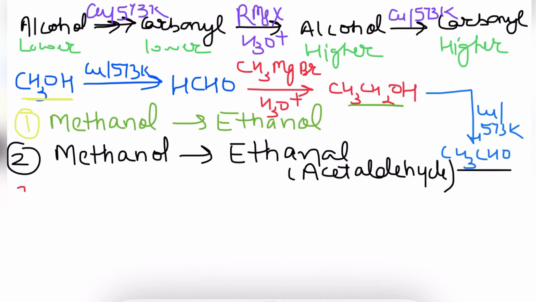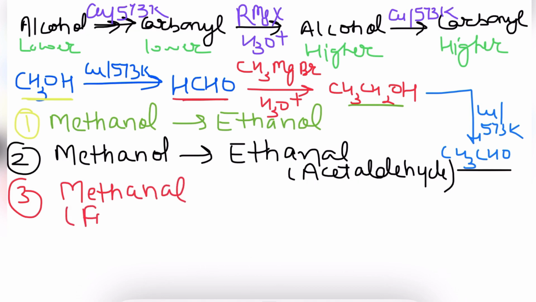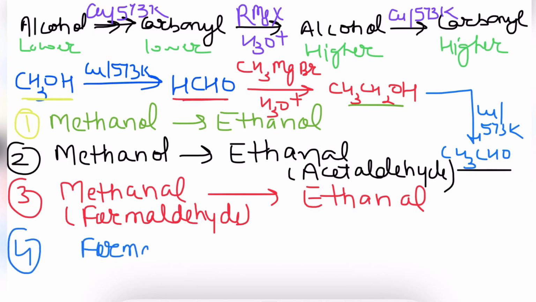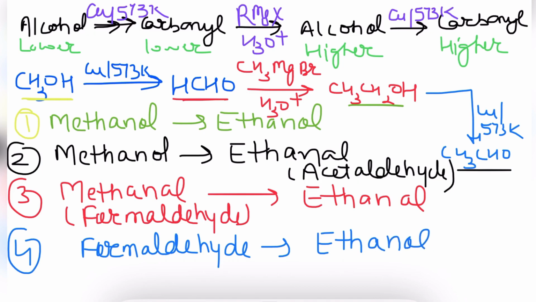Or we can frame a question like this: convert methanol, which is also known as formaldehyde. Formaldehyde is a common name for methanol. Convert methanol into ethanol, or convert formaldehyde into ethanol.